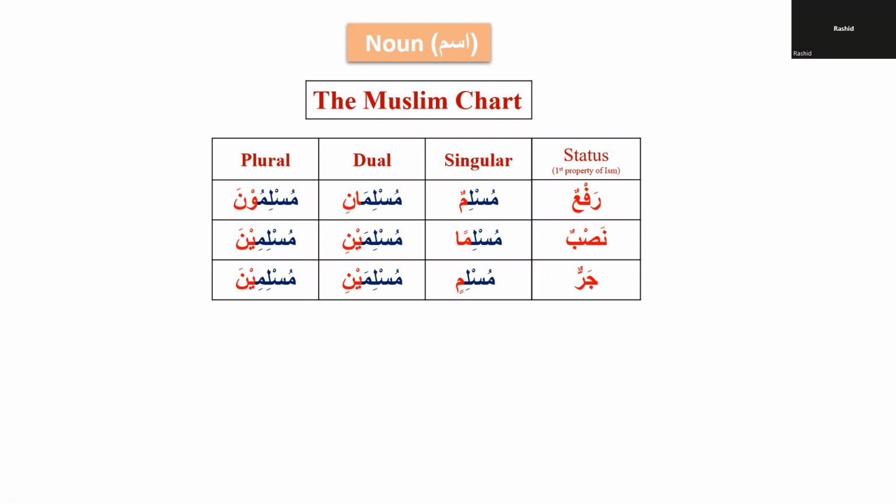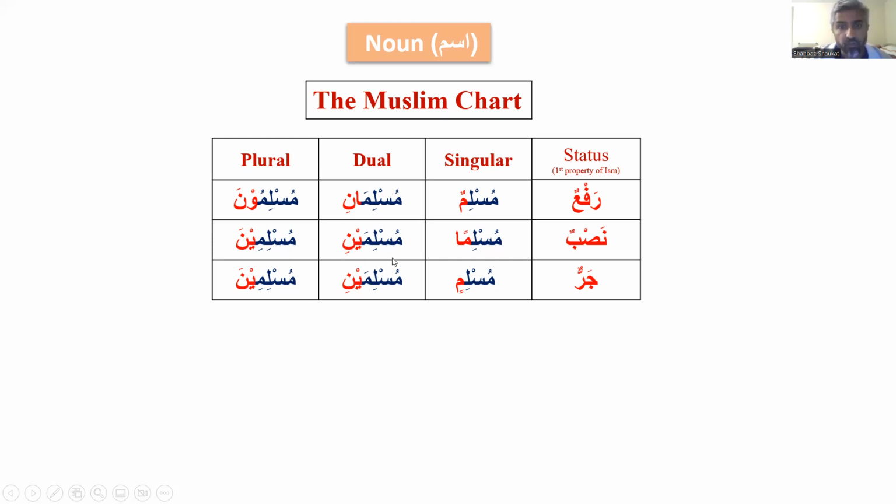Muslimani status is Rafa. Why? How do you know it is Rafa? Because, how would you identify? Rafa, because for the dual, it can be Ani. So we go with the ending sound. Right, Aiza? Yes. Ending sound is ani, which means it is Rafa.